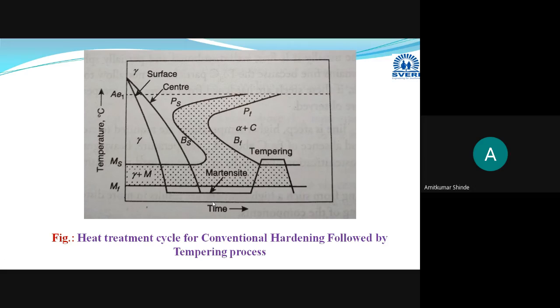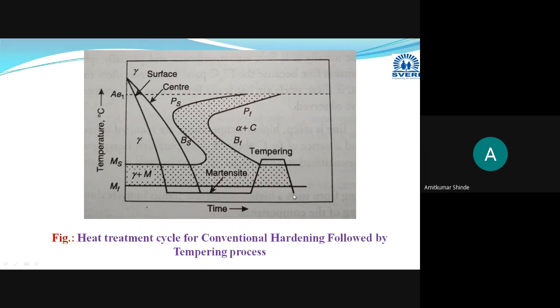component. Now to avoid this, after cooling it to room temperature, we again take that component and heat it. After completing this cooling process, we heat it to the 100 to 200 degrees Celsius temperature zone, hold there for 1 to 2 hours, and again cool it.